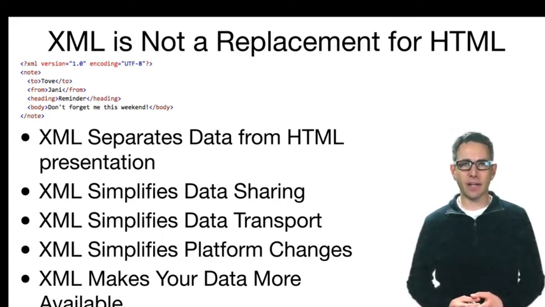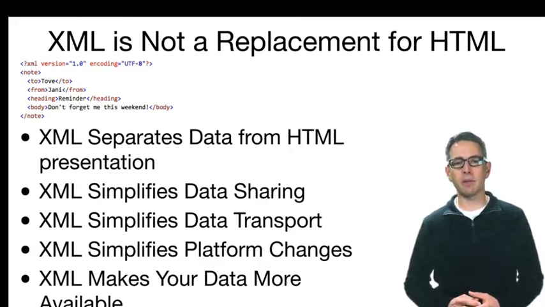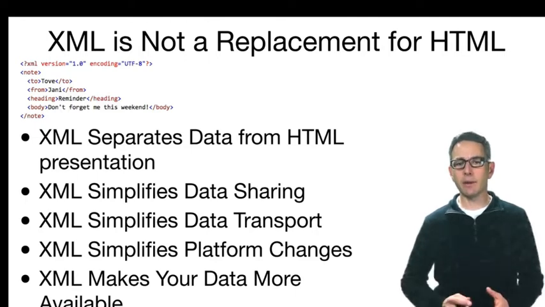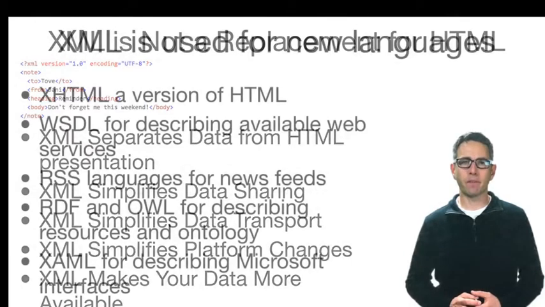It simplifies data transport, moving across the network. It simplifies platform changes. If you want to use data on one platform, OS X, or on another one, Windows, the XML standard becomes the interface through which those systems can communicate. And as a result, XML also makes your data more available because more platforms can use it.